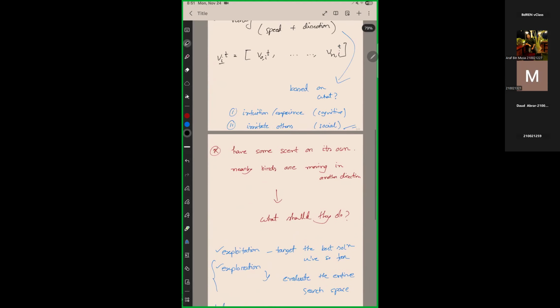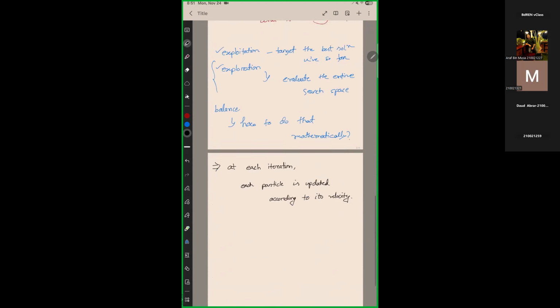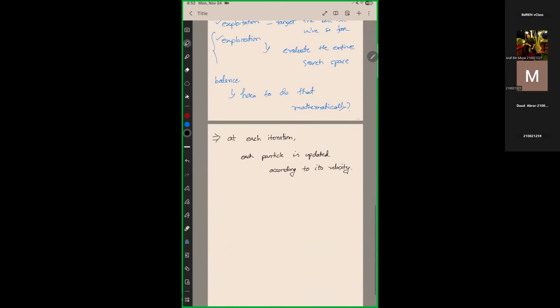So everything is done based on iteration. So at each iteration, each particle is updated based on its own velocity. Acha. So if I write, for instance, the position at t plus 1 time, that means from the current time to the next time period. Okay, let's say 1 second after. That will be its current position plus how its velocity is changed. Okay, this is the term that will actually modify its position.